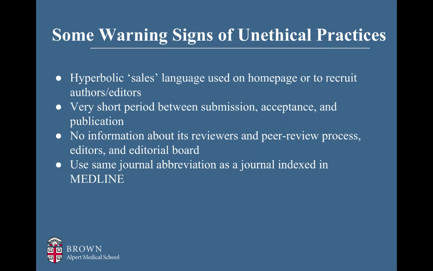The journal website may use hyperbolic sales language, or they might use that language to recruit authors and editors via email. There might be a very short period between submission, acceptance, and publication. It may lack information about its reviewers and peer review process, or the information about the editors and editorial board. And they might use the same journal abbreviation as a similar journal which is indexed in Medline.